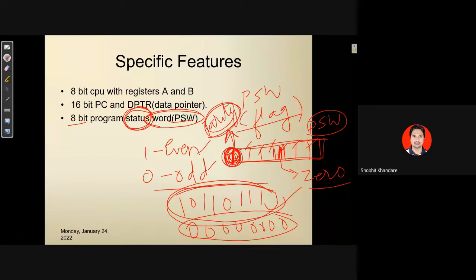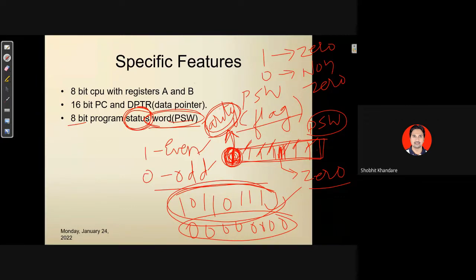So can I say 1 reflects the result is 0, and 0 reflects non-zero. अभी मैंने सिर्फ आपको 2 एग्जांपल दिए, तो जब मैं PSW डिटेल में लूंगा, देन आई हैव टू एक्सप्लेन यू ईच सिग्निफिकेंस ऑफ ईच बिट. यहां तक किसी को डाउट है?